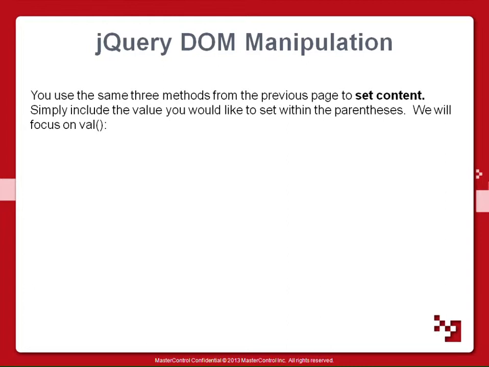So we sometimes put functions into our forms where they click a button and we automatically put a value into a field. Or we select something for them because a certain percentage of them might do the wrong thing. So setting content uses the same three: text, HTML, and val. Again, val is used probably more than the other two.